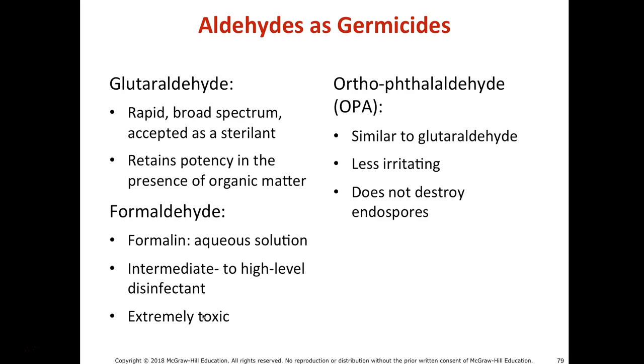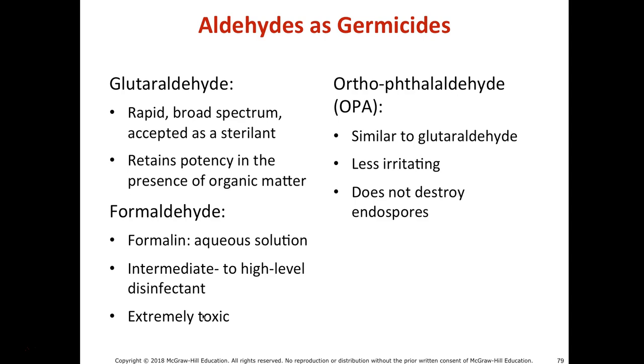So with our glutaraldehyde, this is going to be a yellowish liquid. It has a mild odor to it. And what it does to our microbes is it cross-links the protein molecules on the cell surface. When it does that, the amino acids get that alkali attached to them, and so the microbe is not going to be able to carry out its enzyme activity properly, and that will cause it to basically die.